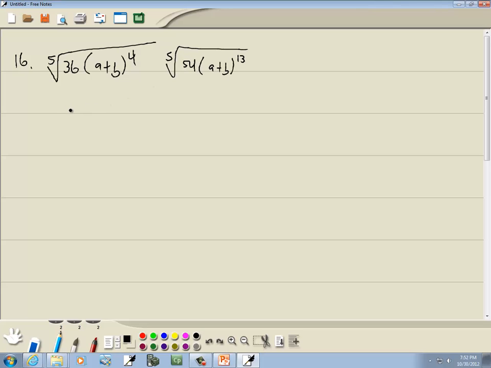Well, we're multiplying the two radicals together, so we'll put them into a single radical, fifth root, and we'll have 36 times 54. And we'll put the a plus b's together, so we've got a plus b to the fourth and a plus b to the 13th.